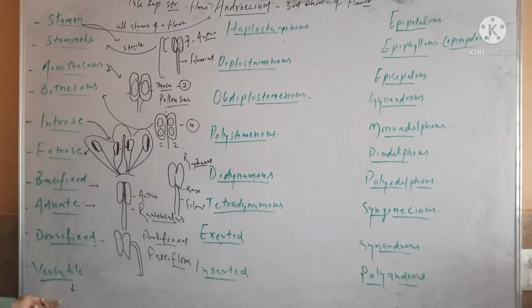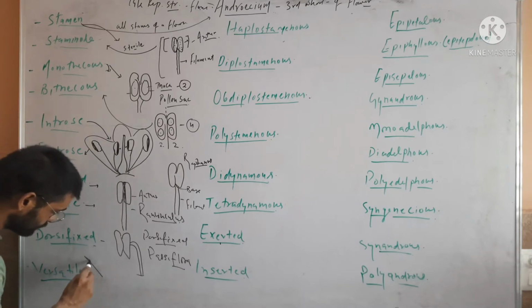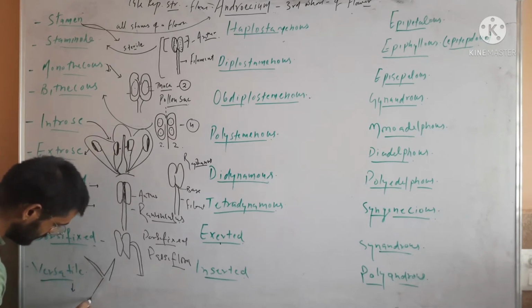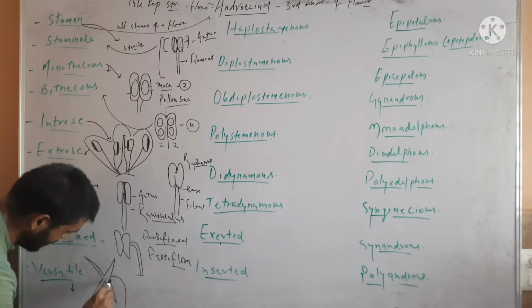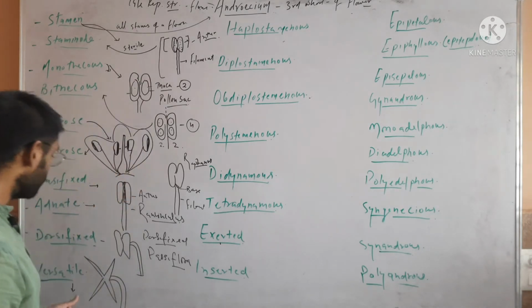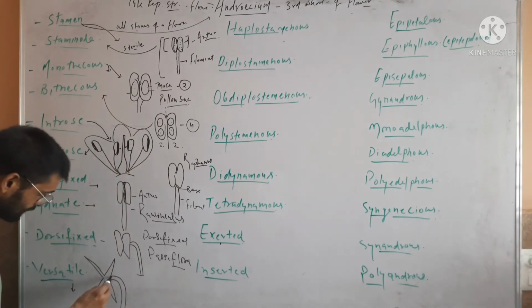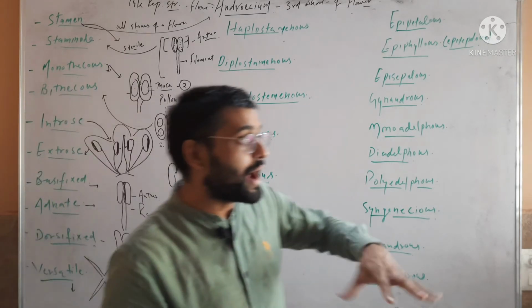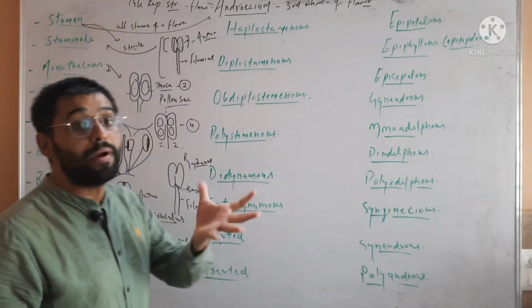And the last one in that row is versatile. Here the filament is attached to the back of the anther, and its attachment provides it a free movement.